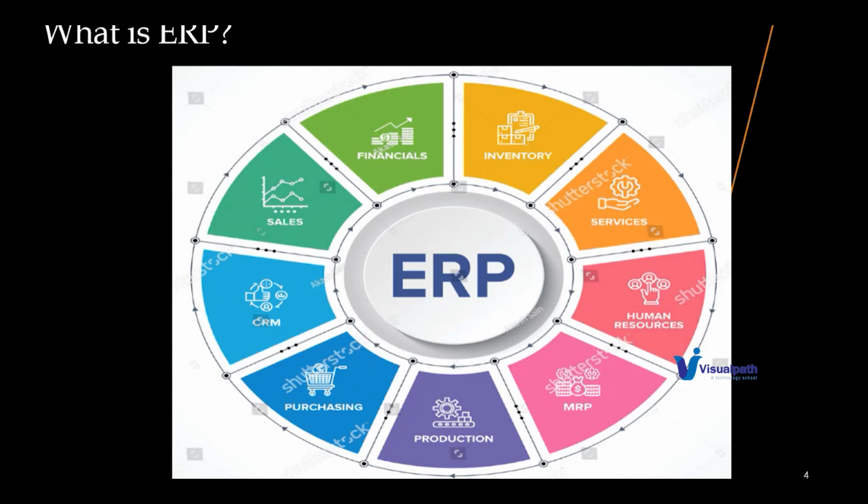So these many departments will be there, and for their day-to-day activities, all these departments need a software solution. Okay. So coming to the definition of this particular ERP, enterprise resource planning.